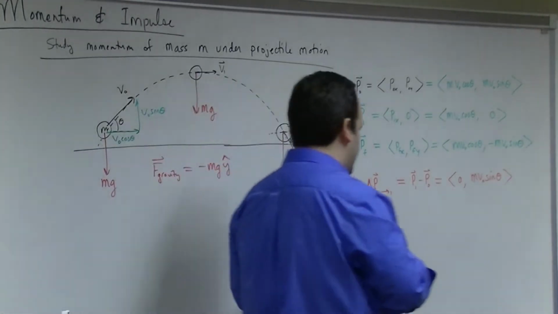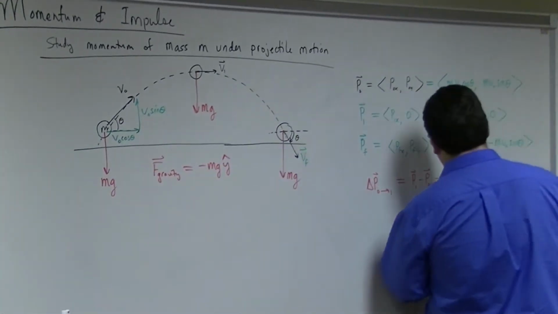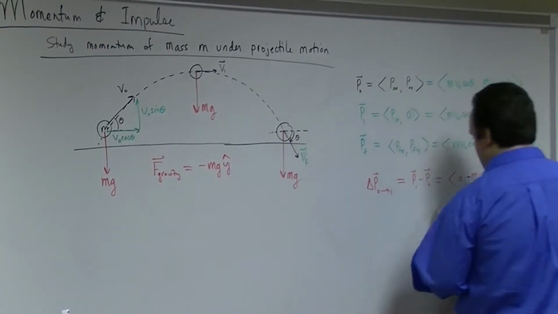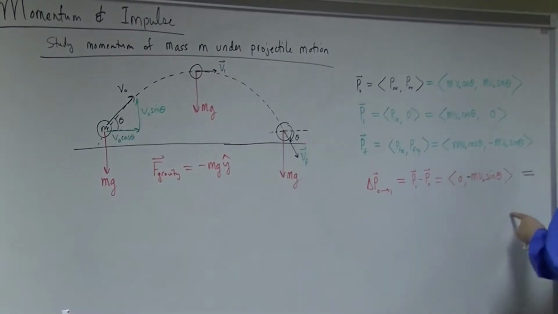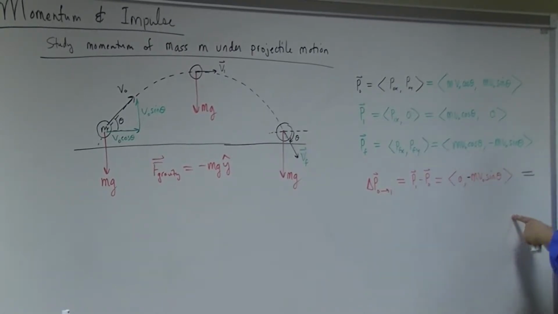Now that should be very good. It should be minus, very good, because P naught has the non-trivial thing. And so this is supposedly equal to the integral from 0 to the time of the top of flight, time 1, of the force, minus mg y hat dt, right?